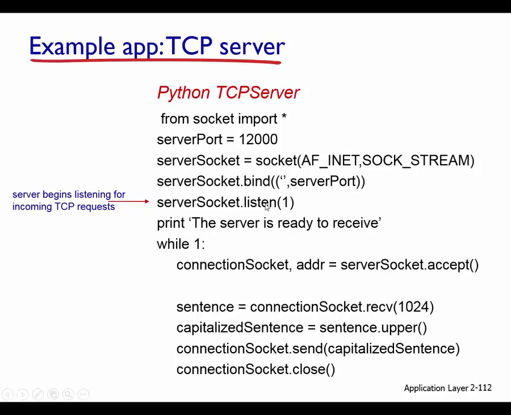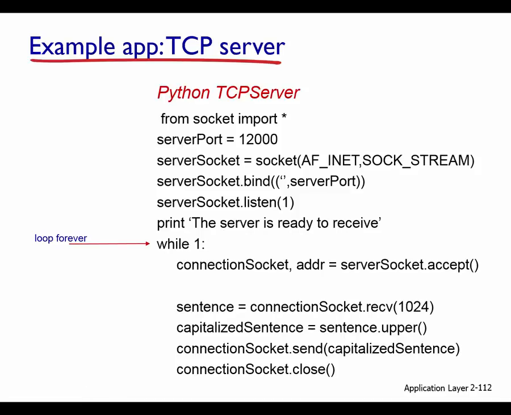Then we listen for incoming TCP requests. We can set a queue value, so we can set up for multiple simultaneous requests with a queue. Right now we just have a queue the size of 1.